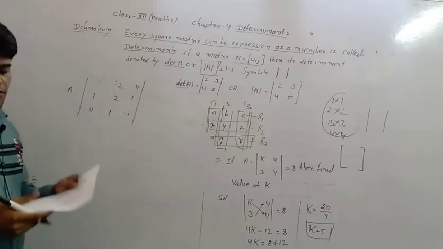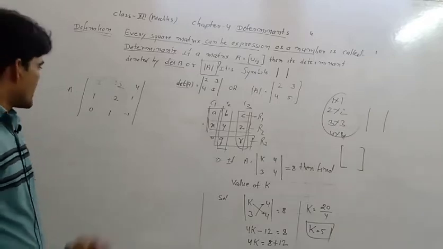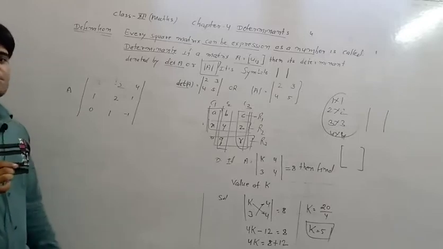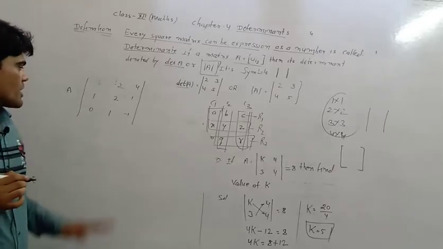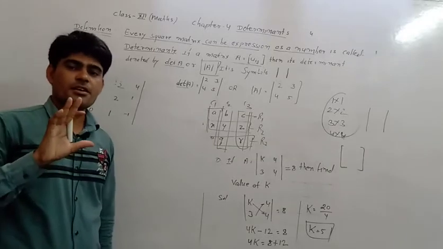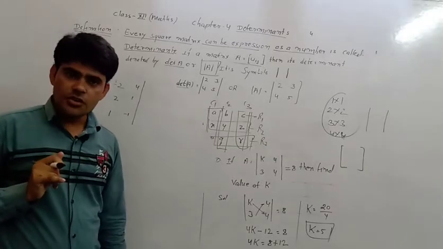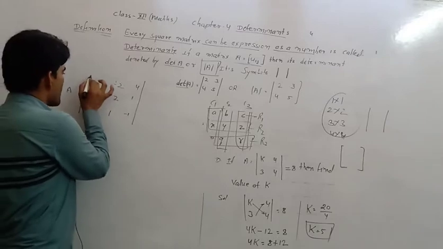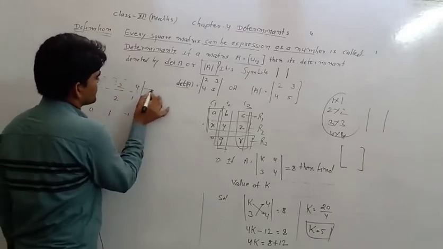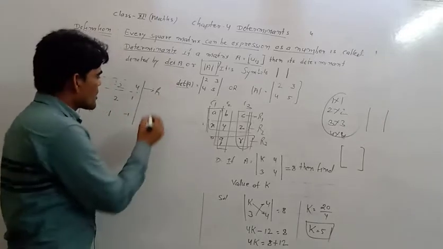Find the value of this determinant. It means first we expand by the rules. Mostly we expand the determinant by using the first row. This is the first row of the determinant, and we expand this row R1.